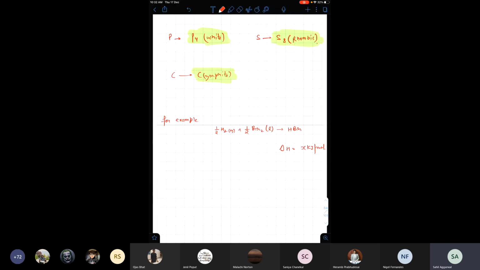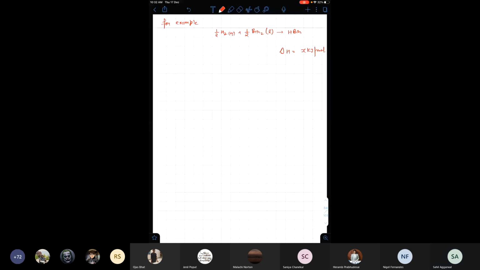Why no, Yash? Why no, Davis? Why should we not say this is an enthalpy of formation? Are we forming 1 mole? Yes. Does bromine exist in liquid state? Yes.